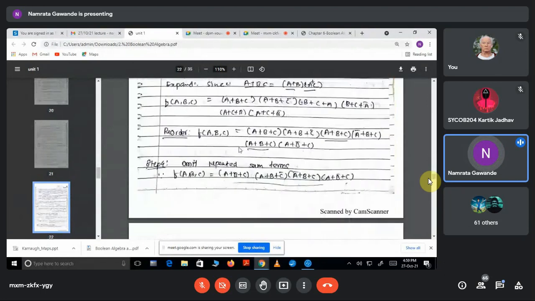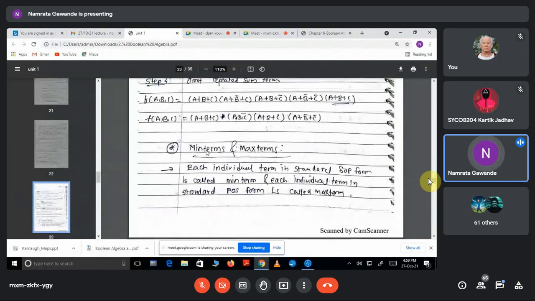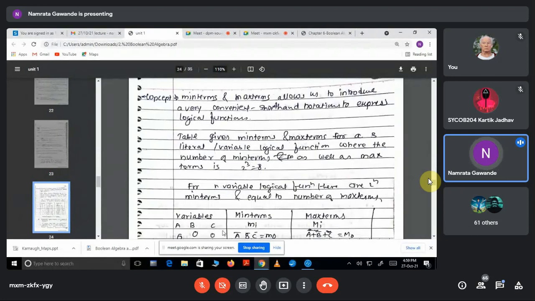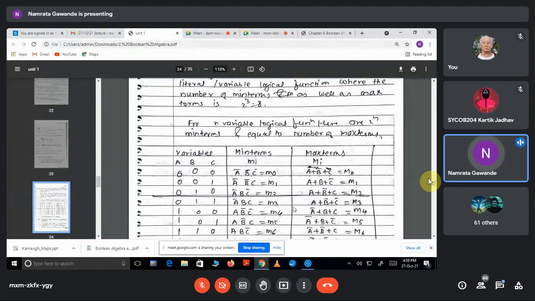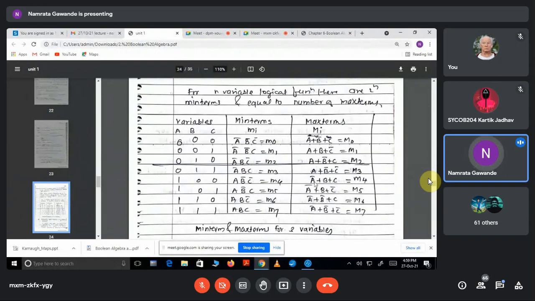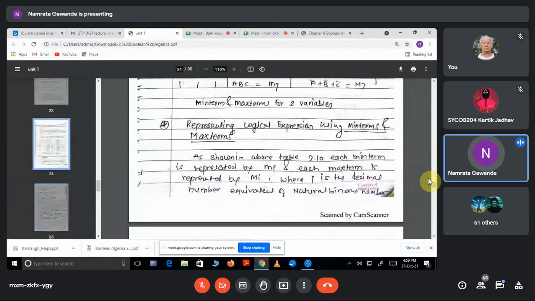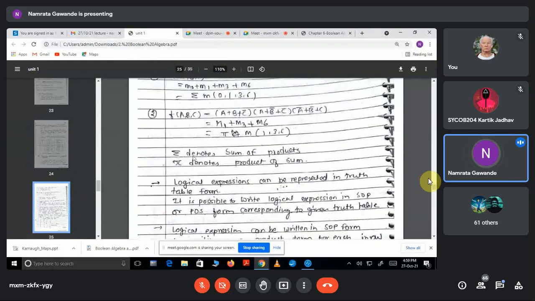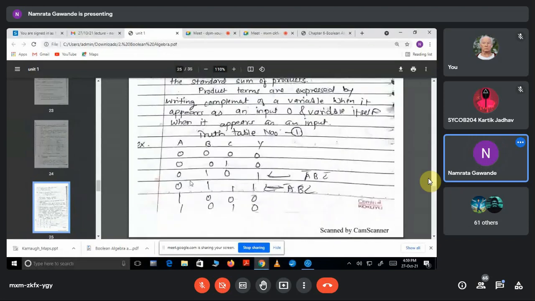And then after that, what is min term, max term? These examples we have already seen in the PPT. This table is also given here: variable, min term, max terms. Representing the logical expression using min term. We have seen this example in the last lecture, where summation denotes min terms and pi denotes max terms.